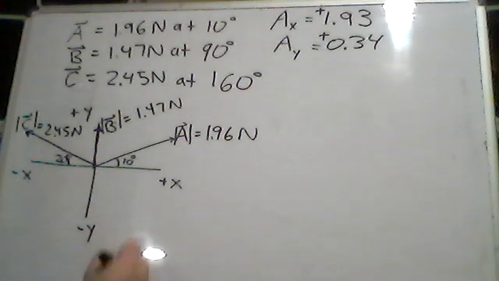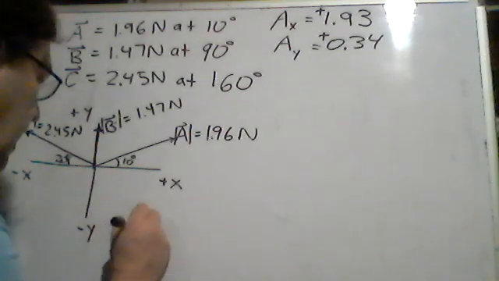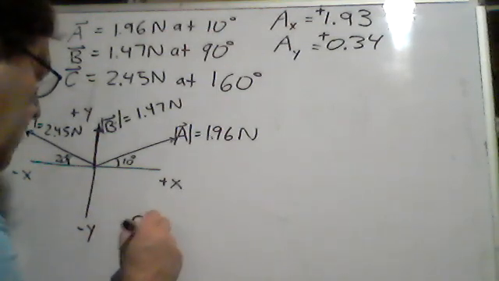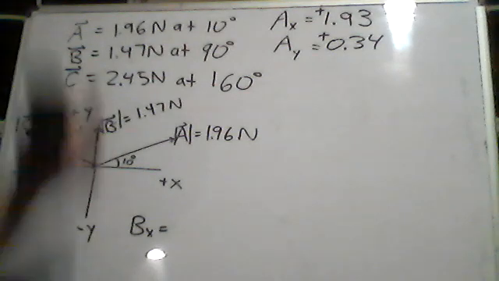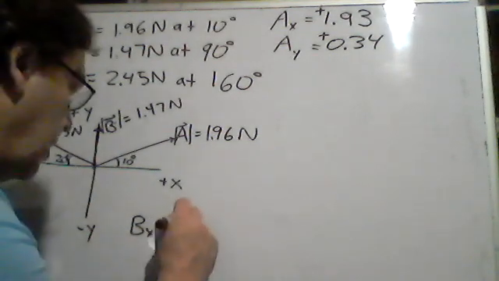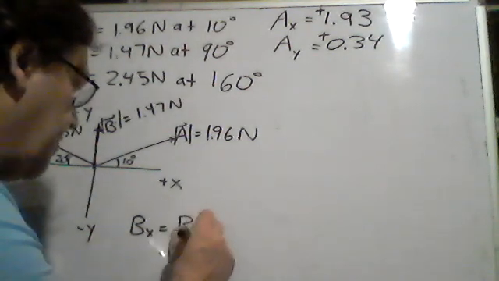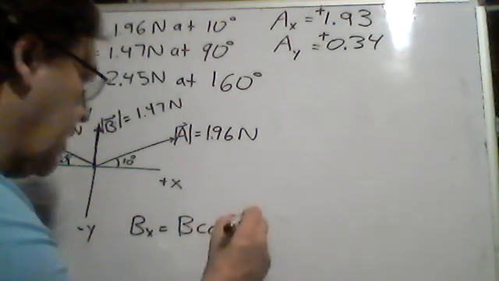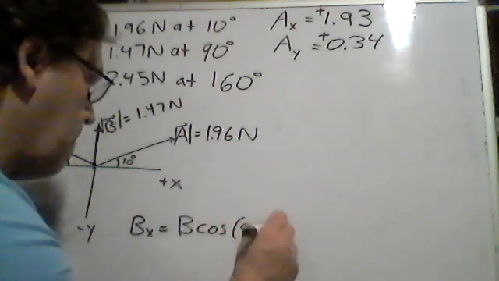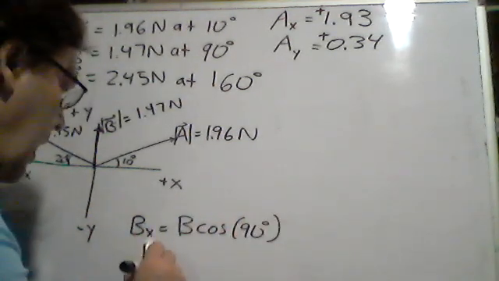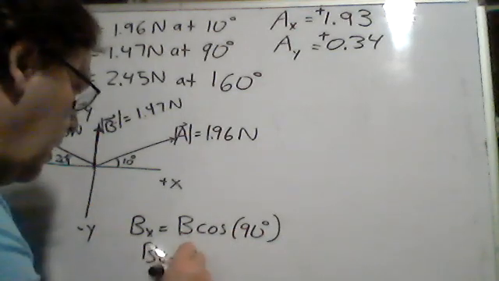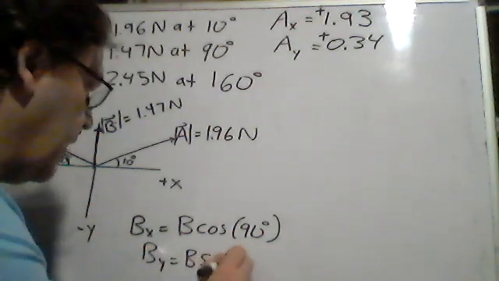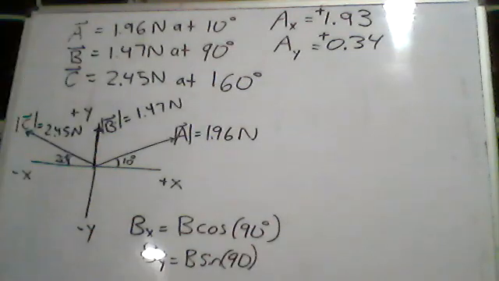If I were to say explicitly, and you really don't have to do this, but I'm going to try to be explicit, that B sub x is B cosine of 90, and B sub y is B sine of 90. Well, if you put cosine of 90 in your calculator, you get 0.